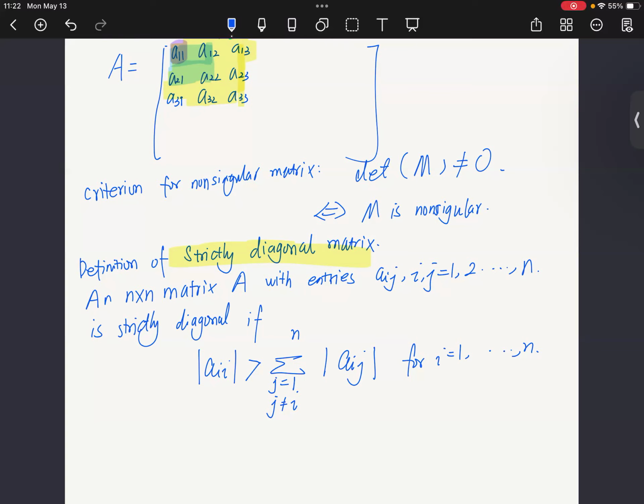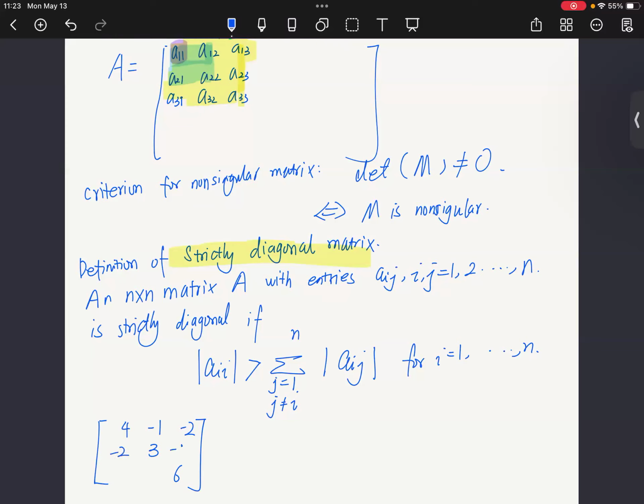Let me see. I don't have one example in the lecture notes, but I can create one for you. So now I'm going to create such a matrix here. It's quite easy to create. It's 4, 3, and then 6. And then -1, -2, -2.